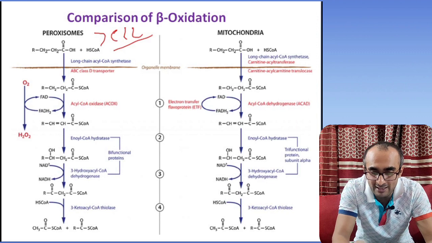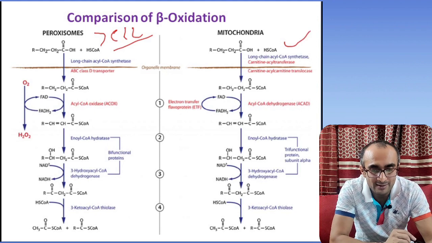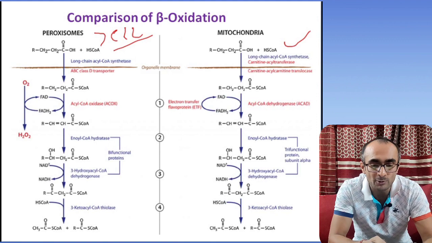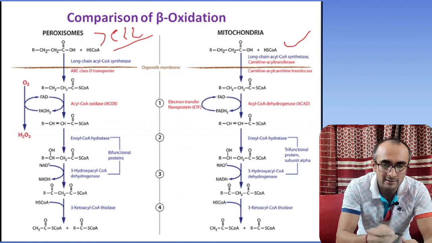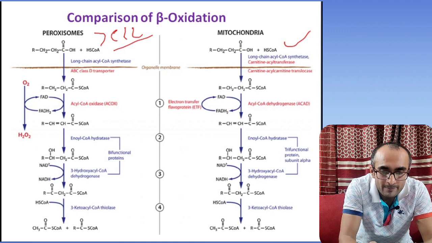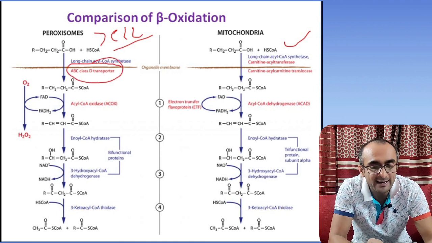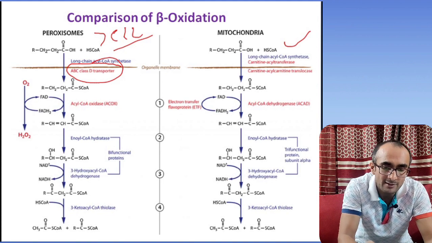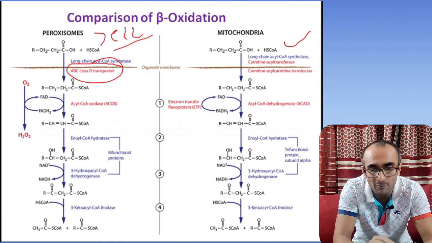If you have a long chain fatty acid with a lesser carbon chain, it is oxidized in mitochondria. Second difference, the transport of fatty acid into peroxisome is through ABC, ATP binding cassette transporters in the membrane.